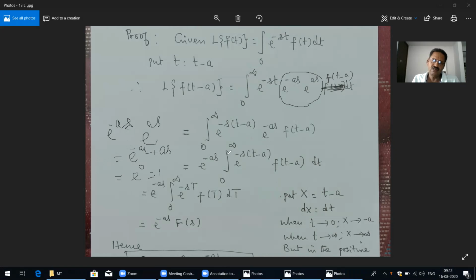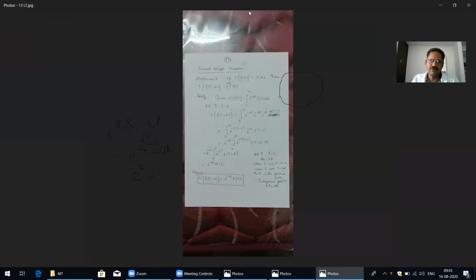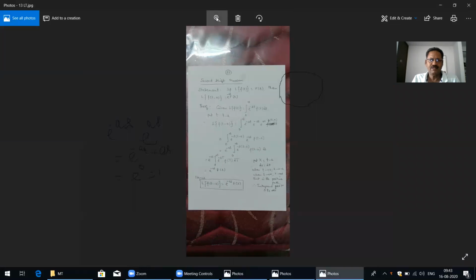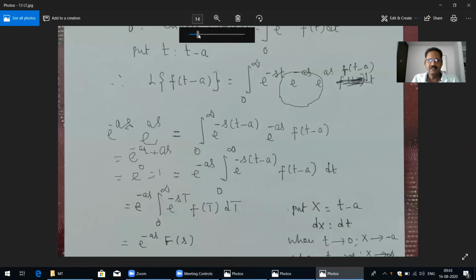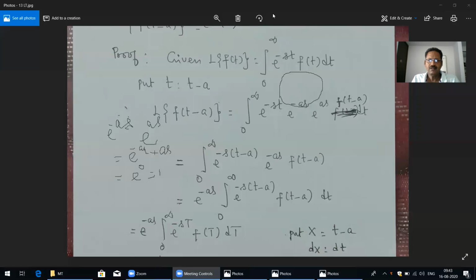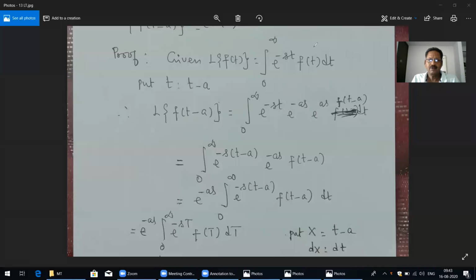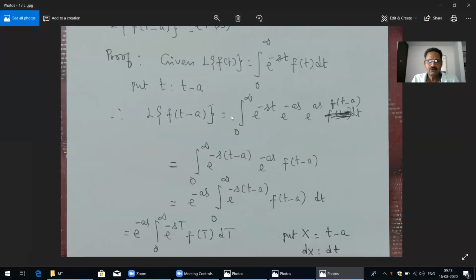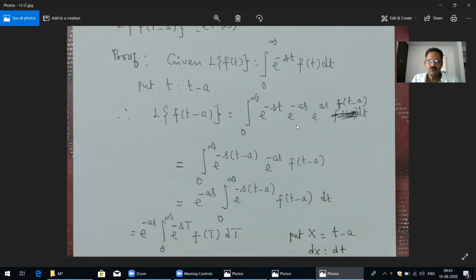So for our convenience to prove the concept, we add these two terms here: f of t, e power minus as and e power as.